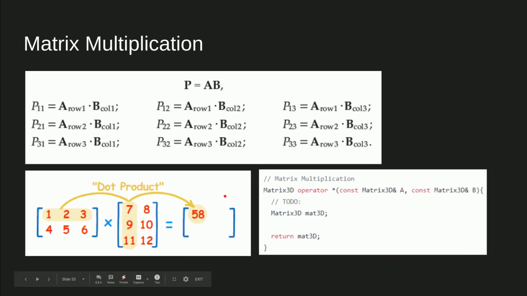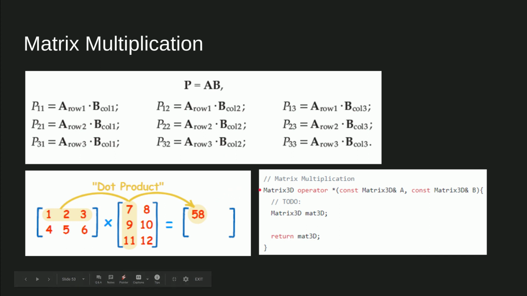The main operation that we do with matrices is matrix multiplication, which is the dot product of the rows by the columns, which gives us a new row and column. So this is row 1. I take 1 times 7, 2 times 9, 3 times 11. And because this is row 1, column 1, this goes in our new matrix at row 1, column 1.